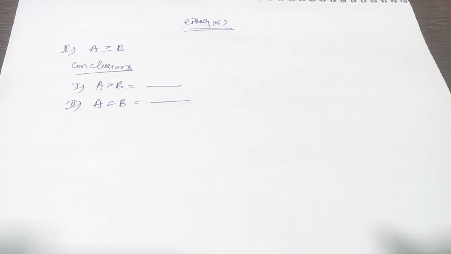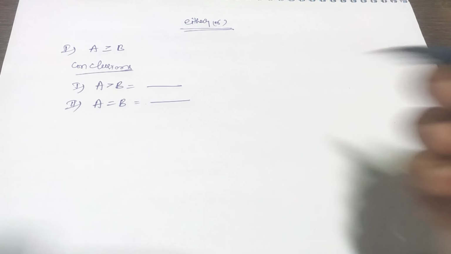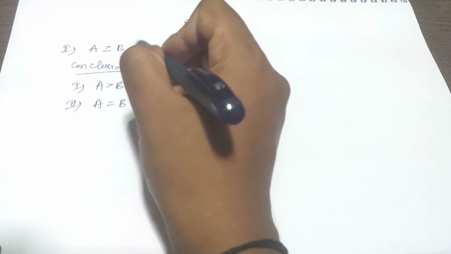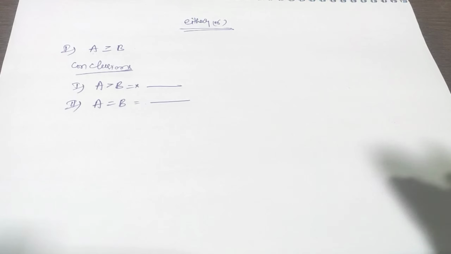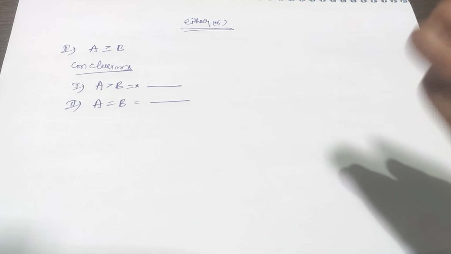The first conclusion is A is greater than B. In the statement, A is greater than or equal to B, so initially A is greater than B is wrong.